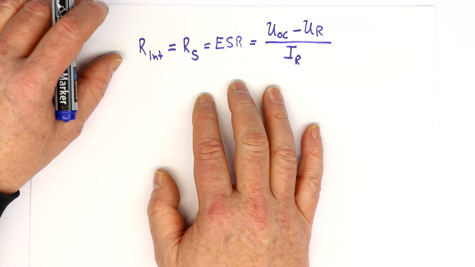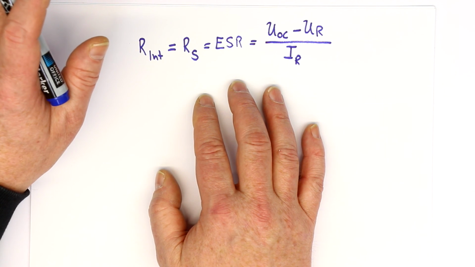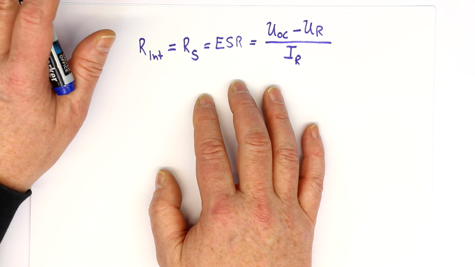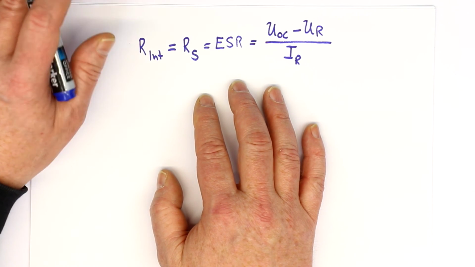The DC resistance becomes important when you want to calculate the short circuit current, but you should never short circuit your transformer because it will overheat.